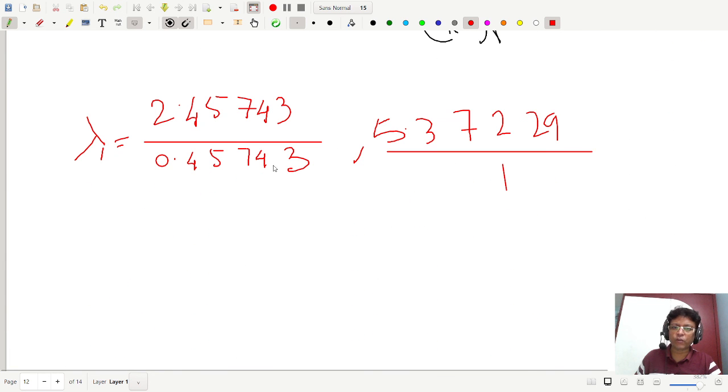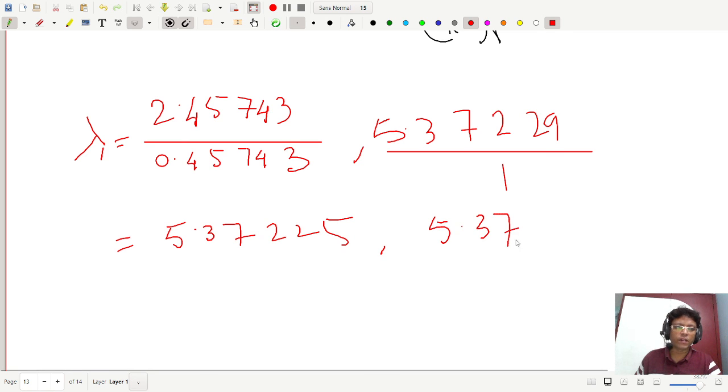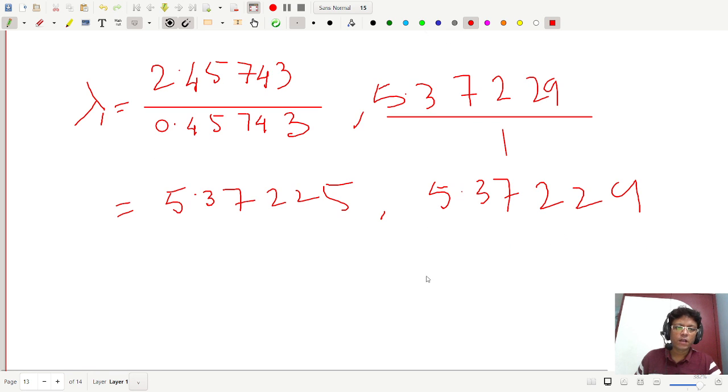Now, if you calculate this one, it will be 5.37225, and this one is 5.37229. So you have two values very close.